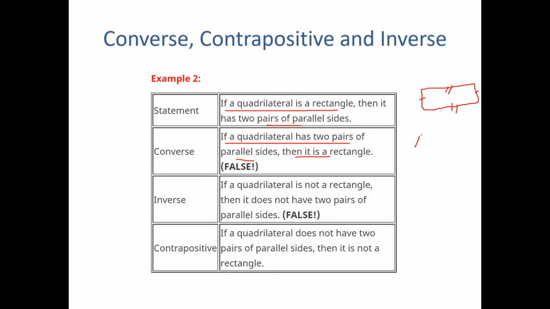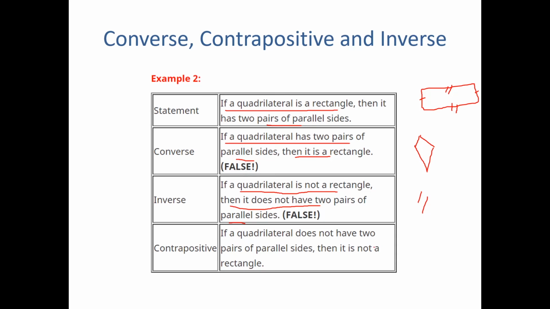Well, no, think of a rhombus, for example. So if you have two pairs of parallel sides, that doesn't mean you are a rectangle. Inverse: if a quad is not a rectangle, then it does not have two pairs of parallel sides. Rhombus. It's false, it's not true. Finally, contrapositive: if a quad does not have two pairs of parallel sides, then it is not a rectangle.